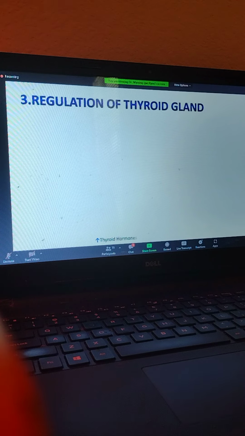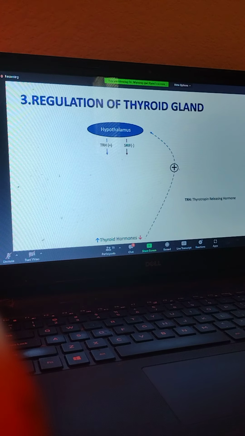Okay. So regulation of the thyroid gland, again, we have the circulation. When the circulating thyroid hormone goes down, it stimulates the hypothalamus, and the hypothalamus makes TRH and inhibits the inhibitory factors, right? TRH is the thyrotropin releasing hormone, and the inhibitory factor is somatostatin.